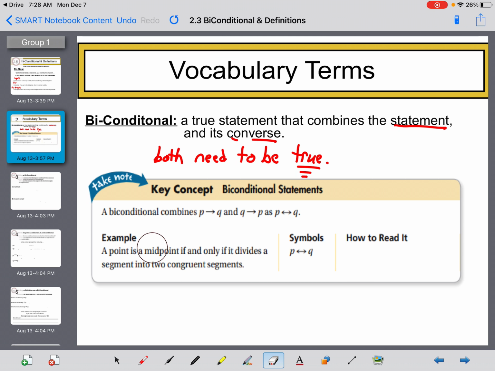So an example of that would be, a point is a midpoint if and only if it divides a segment into two congruent parts. All right, that's the definition of midpoint, which we've learned already, and we know that this statement is true. Key phrase in here, which makes it a biconditional term, is if and only if. So the way that's written is P with your two arrows to Q, which is read as P if and only if Q. Okay, that is your hint if it is a biconditional statement.